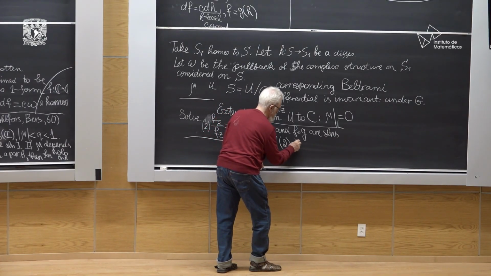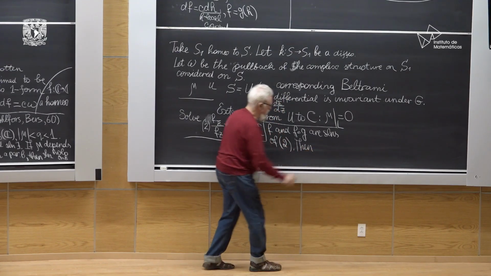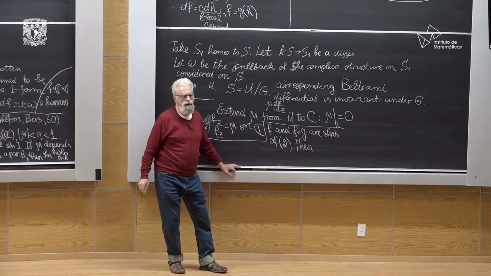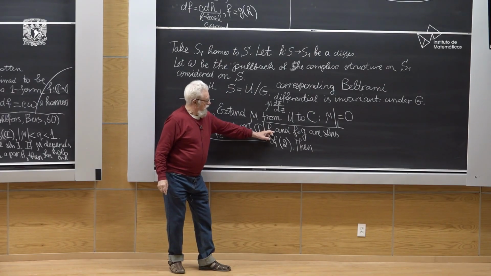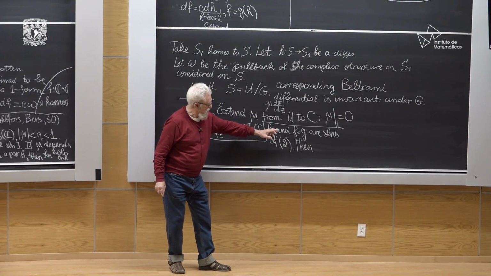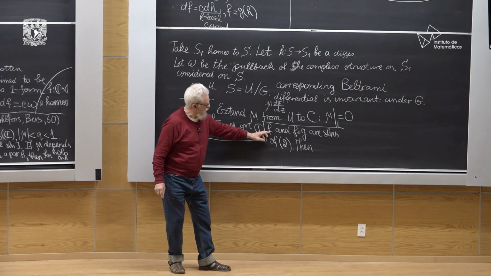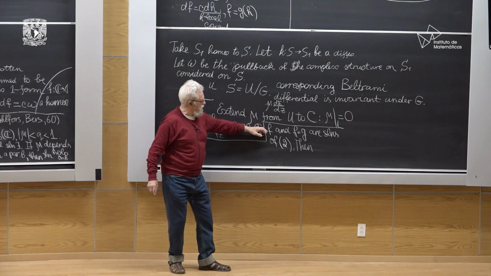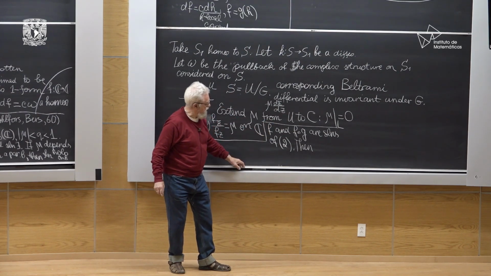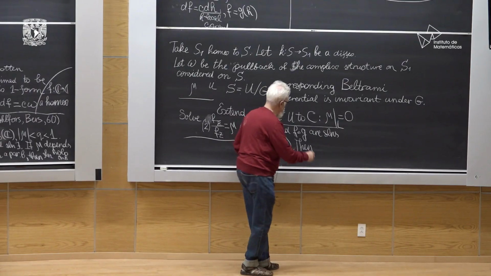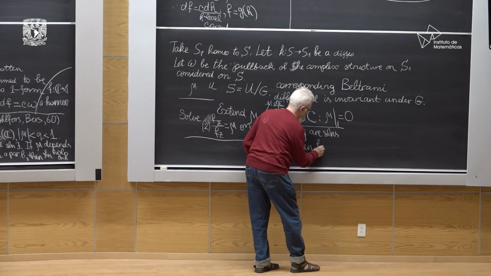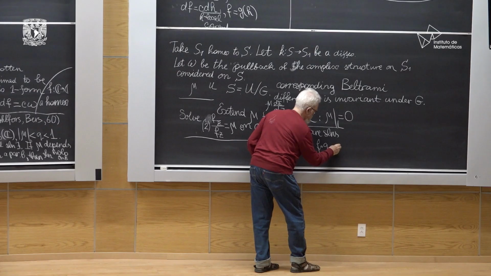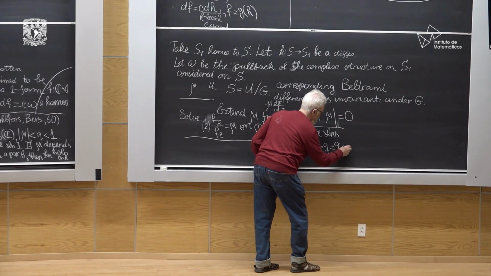Then, as I explained, f of g is a holomorphic function of f, but it is a holomorphic function on the whole Riemann sphere, where we added f of infinity equals infinity. f of g is g1 of f.